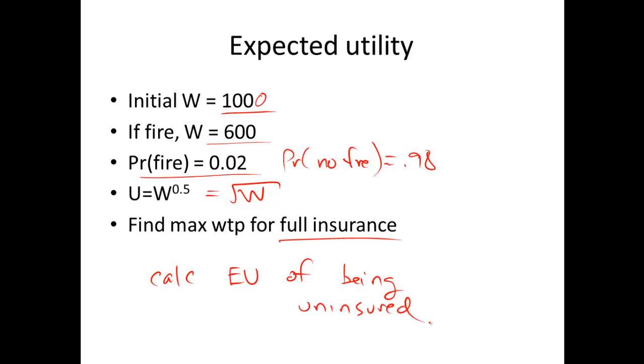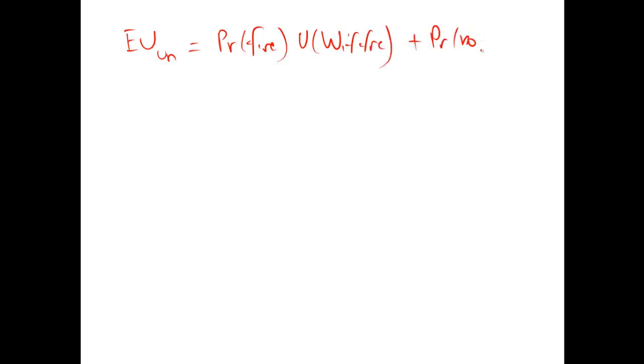So let's move and do that. So the expected utility of being uninsured is the probability of fire times the utility of wealth if fire, plus the probability of no fire times the utility of wealth if no fire. And so what's that?